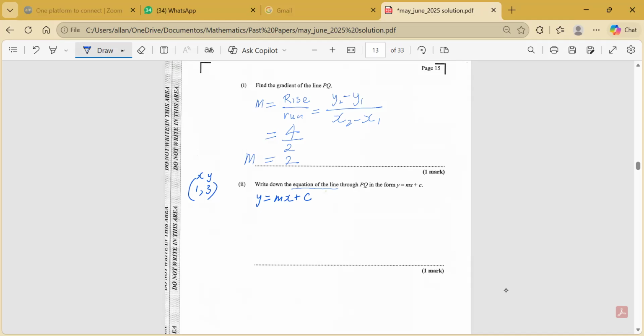I want to see your answer. Using y equals mx plus c, which is a general equation, you have to substitute your x and y values and your gradient.